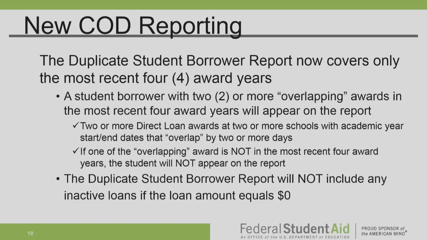And if one of those, as it says up there, is not in those most recent 4 years, that student's not going to show up on the report. So we've changed a little bit of the qualifier for this particular report for those of you that use it. And we've made it encompassing a shorter period of time, only 4 years, and how we've qualified some of the people that will be on there as well.